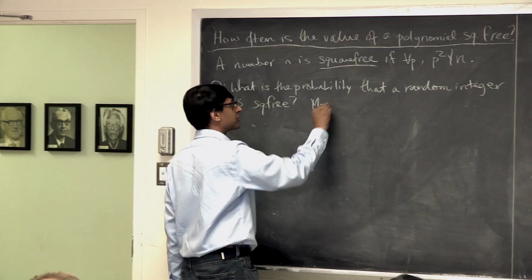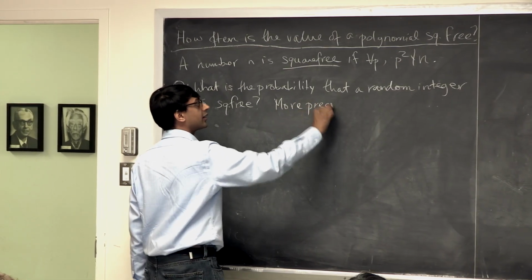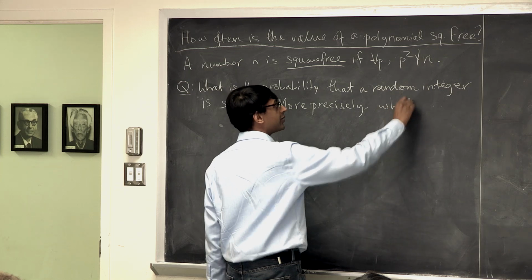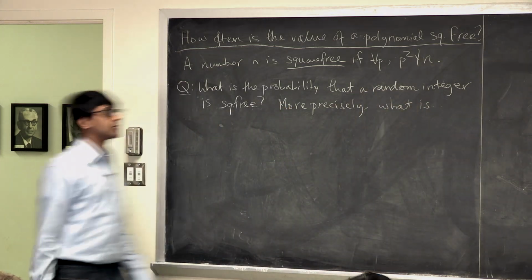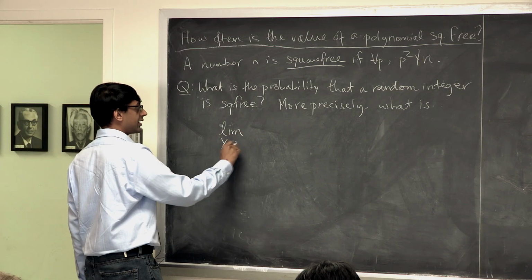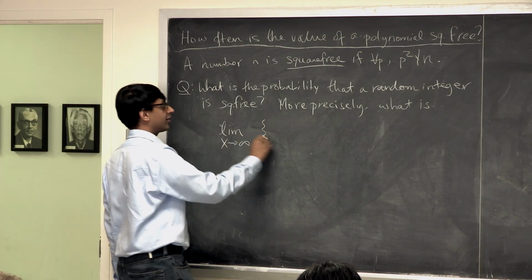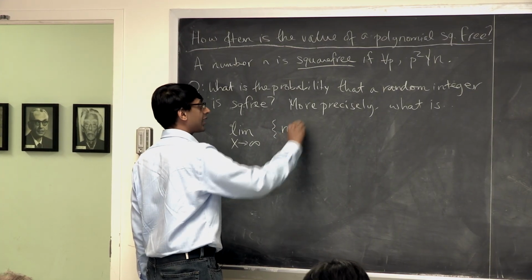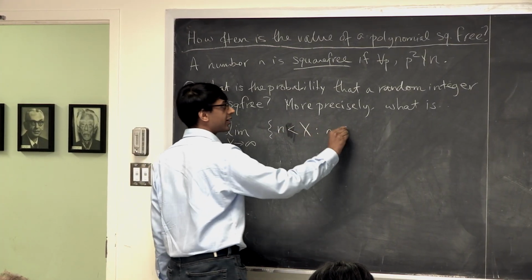So how do you make this more precise? Well, more precisely, what is the value of, say you take the limit as x goes to infinity of the number of natural numbers n less than x such that n is square-free.